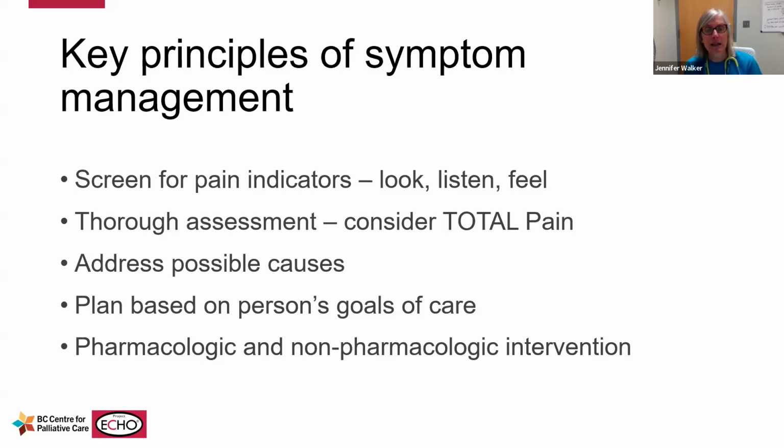And total pain is the understanding that we may experience physical pain, but there are other domains of suffering that may impact how we manage our pain. And so those other domains can be psychological pain, social pain, or spiritual pain.